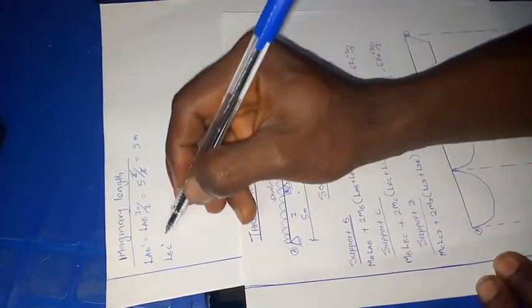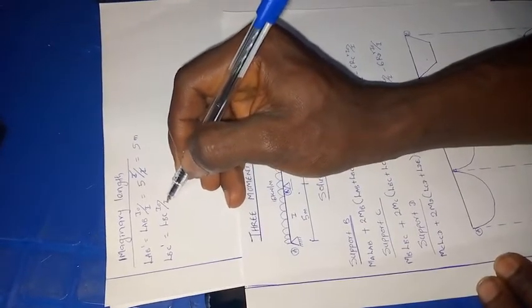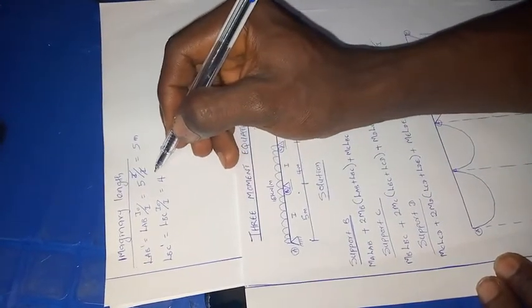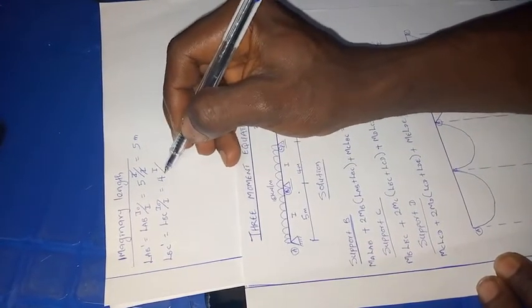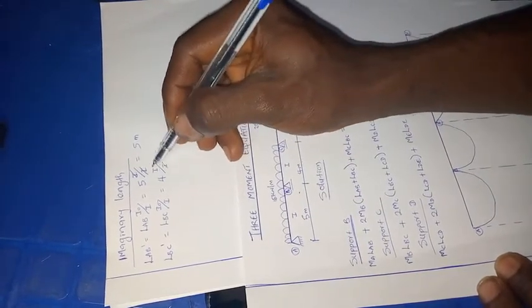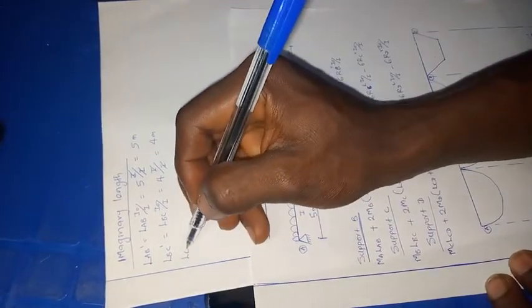So moving to the next one, I have that my LBC prime would be equal to LBC multiplied by I naught over I. My LBC is 4, so this is 4 times my lowest inertia, which is I, and that of the BC is still I. So I'm still having 4 meters. Then moving to CD.